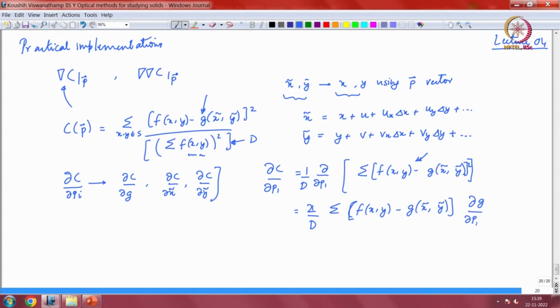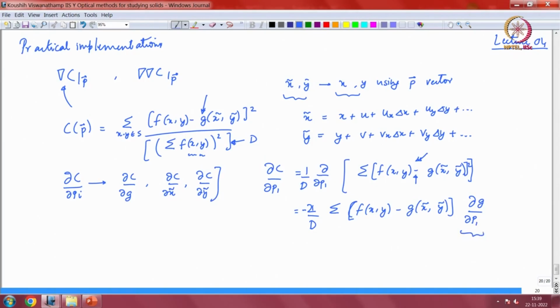Okay. Just a chain rule applied to the square term, okay, and there should be a minus sign because there is a minus sign over here. So, it will be minus 2 by D sigma f minus g dou g by dou P1, okay, that is dou C by dou P1.